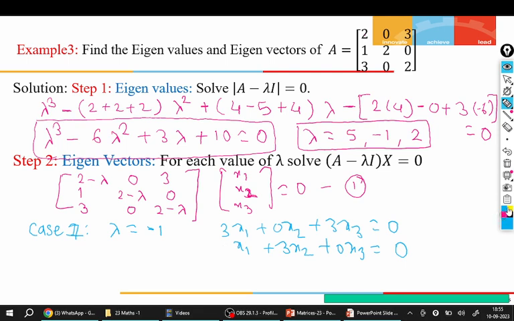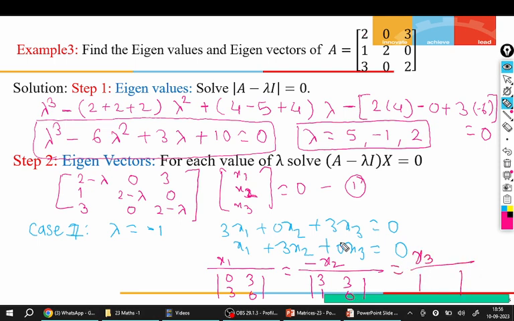For Cramer's rule, the method is x1 upon the determinant, which in this case is 0, 3, 3, 0, minus x2 upon the determinant 3, 1, 3, 0, and lastly x3 upon the determinant 3, 1, 0, 3, and this is equal to t.